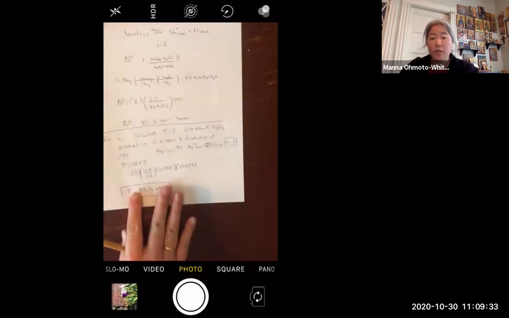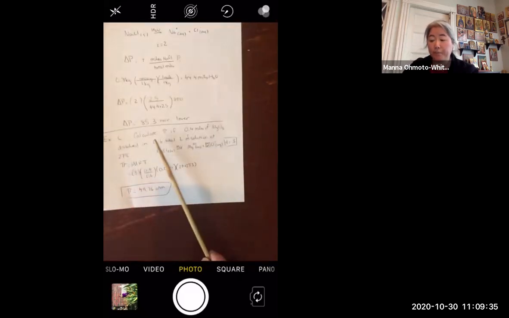And the final one is looking at osmotic pressure. If I want to find the osmotic pressure of 0.4 moles of magnesium chloride dissolved in a total of 0.6 liters of solution at 27 degrees Celsius, my Van't Hoff factor here is going to be 3 because magnesium chloride dissociates into 1 mole of magnesium ions and 2 moles of chloride ions.